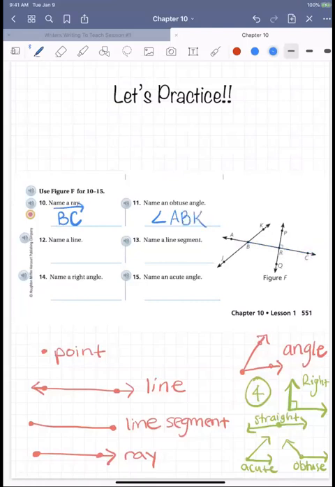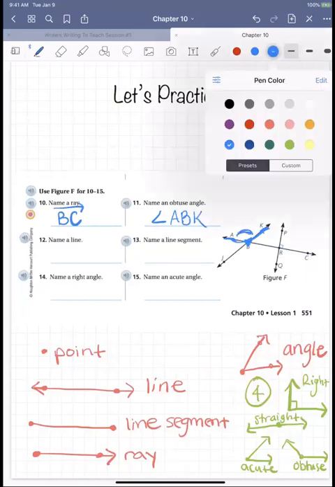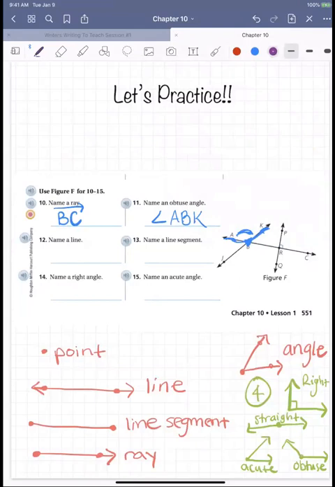If I start at A, I go to that vertex point B, and then I go up to K. I look at that middle section, and I know that's bigger than my right angle, because if I was using a right angle, it'd be like right there. So I know that that's greater than a right angle.